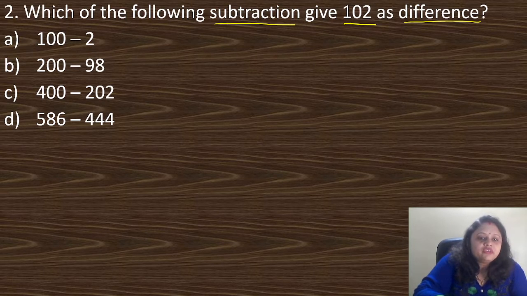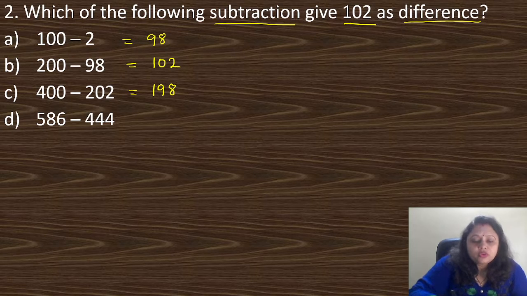First, 100 minus 2, if we subtract, the result is 98. In option B, 200 minus 98, we will get 102. Option C, 400 minus 202, here we are getting 198.